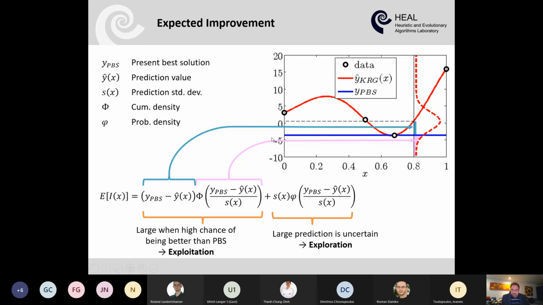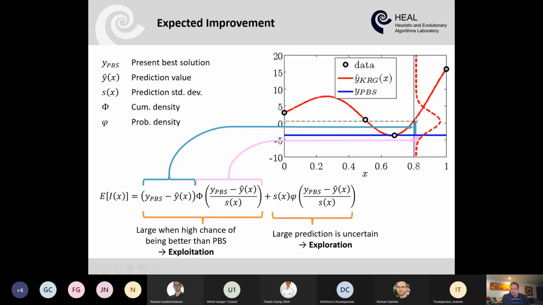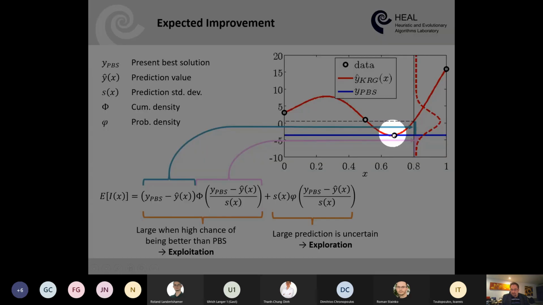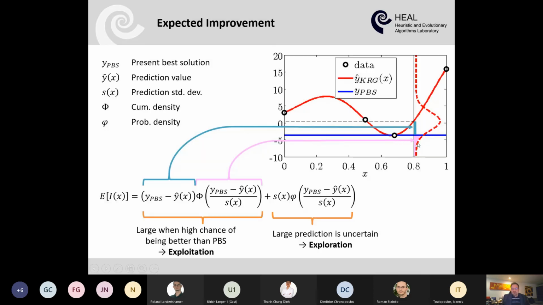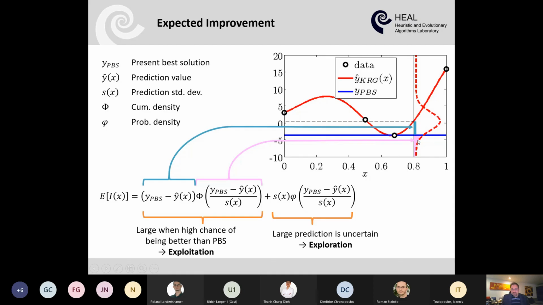For example, if we consider the point at 0.8 on the horizontal, then we have this guess with our concrete kernel, let's say. This guess would be worse than the best solution found so far with the exact simulation. And here for the Gaussian estimation, we have this rosé shaded area of the Gauss curve, giving us the probability that at the point 0.8 there might be a solution even better than the best solution found so far.